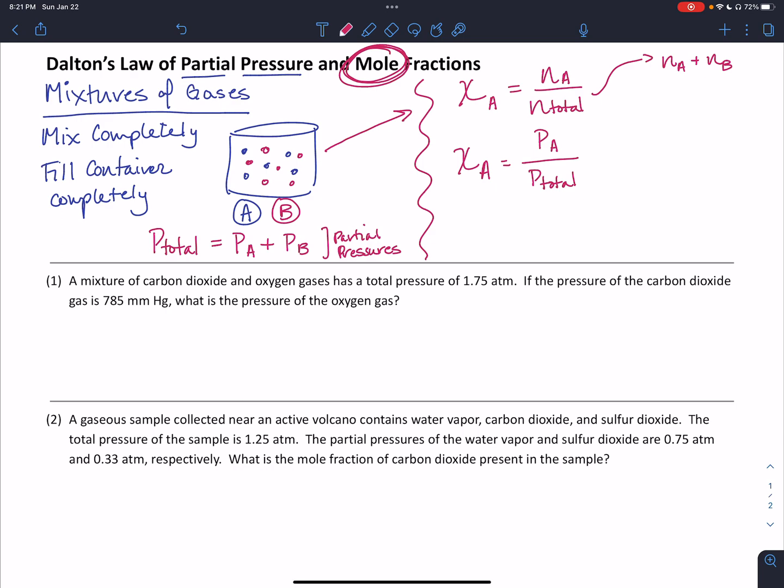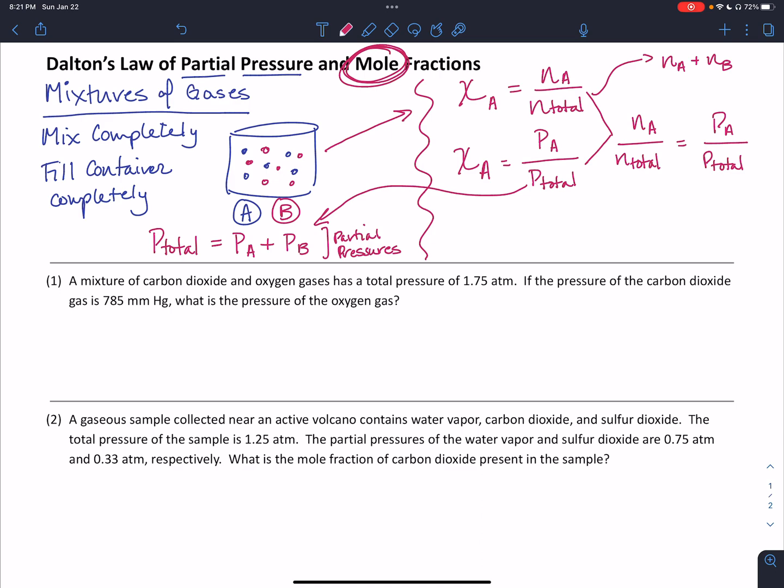And again, that total pressure is equal to the sum of pressures of A and B. So we really could think about mole fractions in two different ways. This is nice because then it lets us set these two sides equal to each other, where the moles of A over moles total is equal to the partial pressure of A over the total pressure. And that opens up some interesting calculations that we can do.